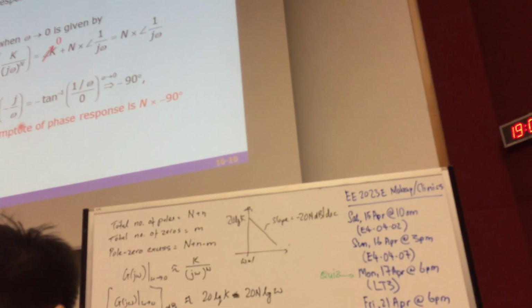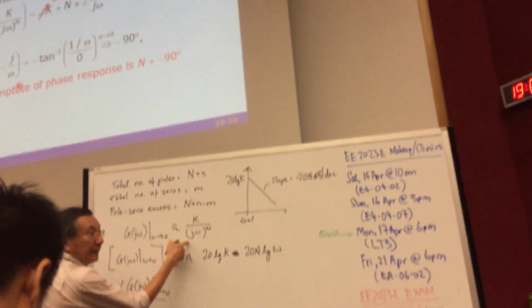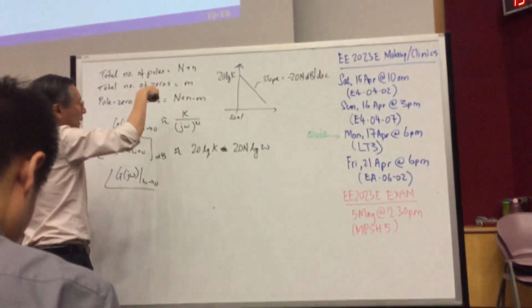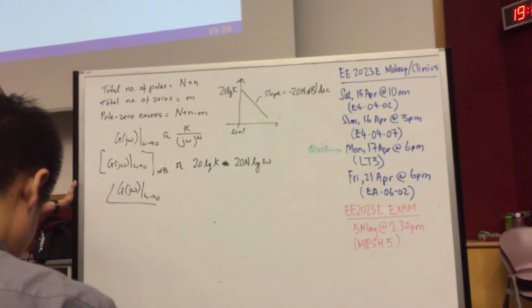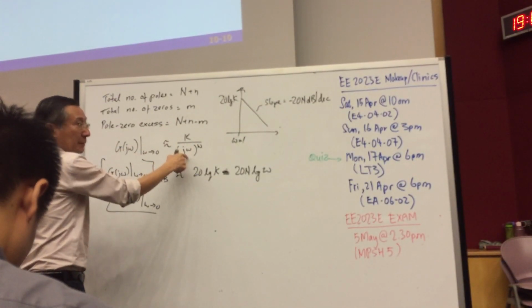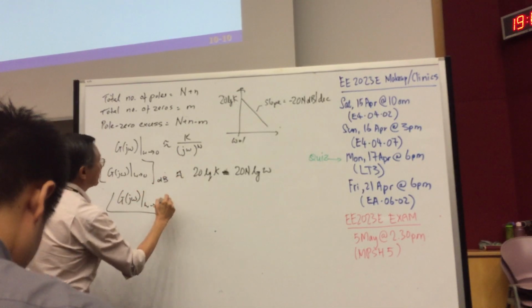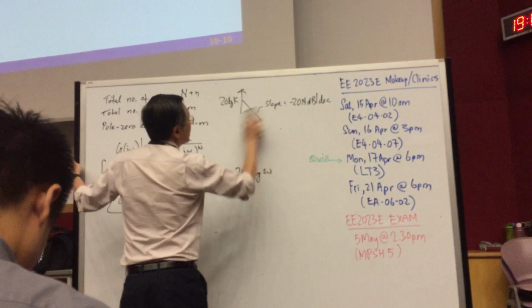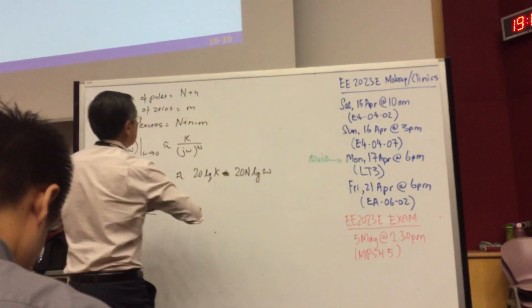So you can see that the phase plot also can be seen, because if this is the guy, then the phase is here, right? 1 over j to the N, so that is at minus 90, right?